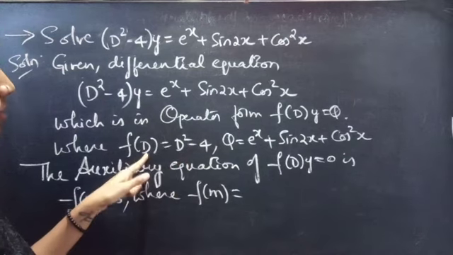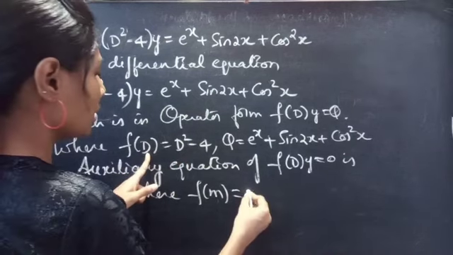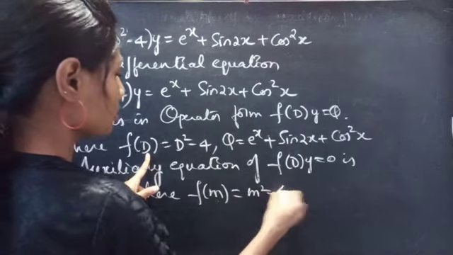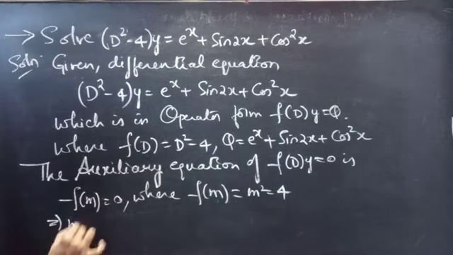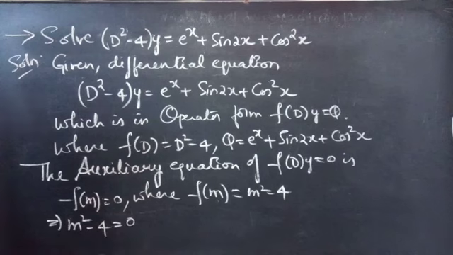So let's replace the differential operator by m. So that we'll get f(m) equals m square minus 4, and the auxiliary equation becomes m square minus 4 equals 0.